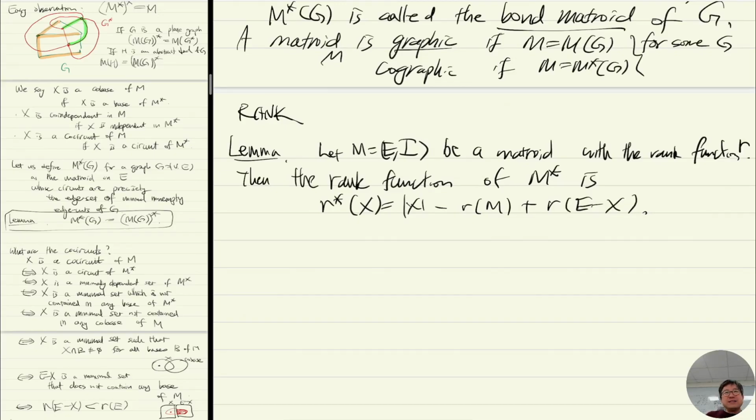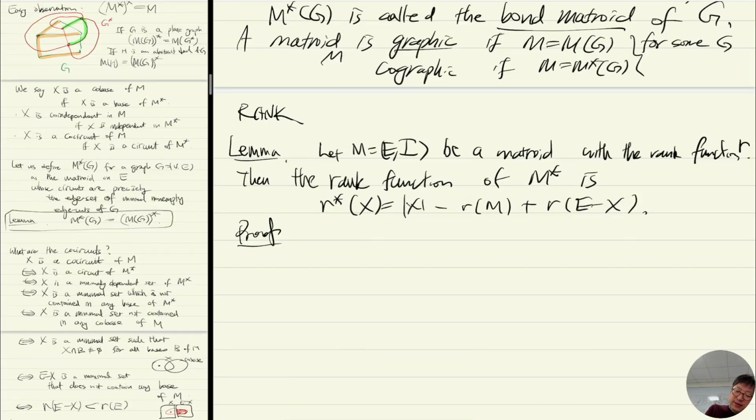If X is a cobase, then what you get is size of cobase minus rank of everything plus rank of base, so it's equal to the size of cobase. So that means the cobase is independent in the dual. So for 3 obvious choices of X, it works. Of course we have to prove it for general X, right?